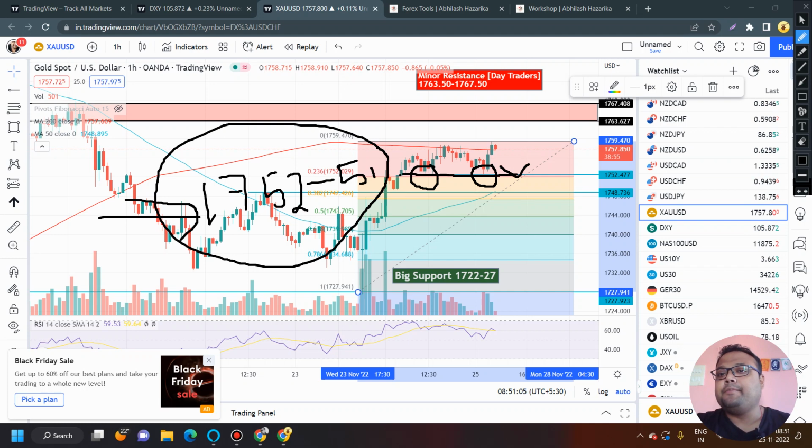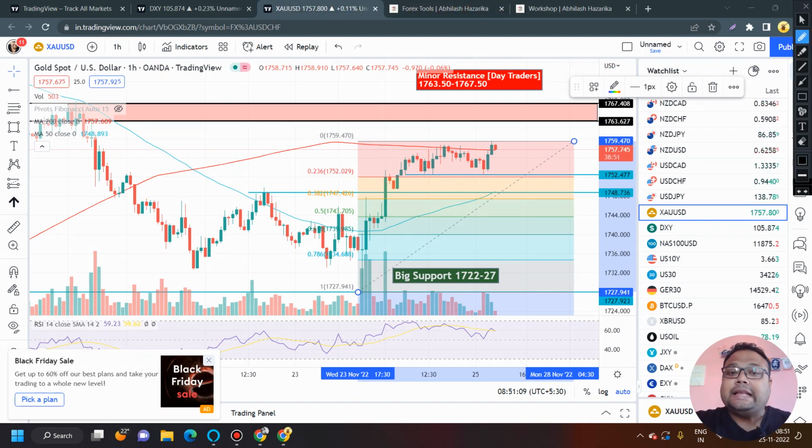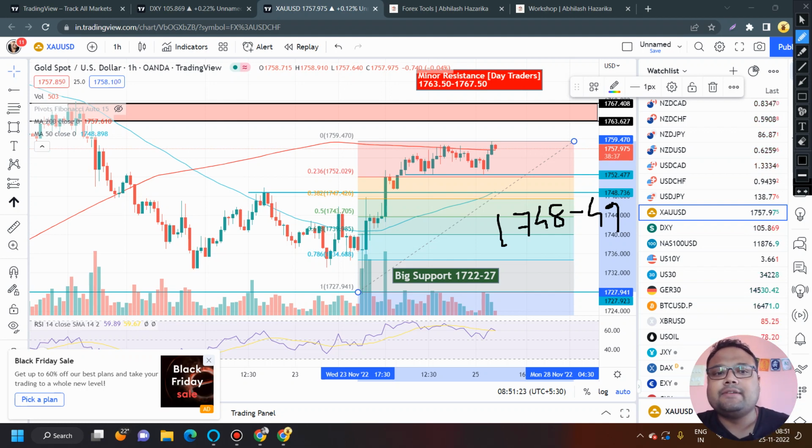In case market breaks it, then the next level from where you can expect a small bounce for day trading purposes is 1748 to 1749. Why are we considering this level? Because we have Fibonacci around the 1748 level, plus this level acted as resistance previously.